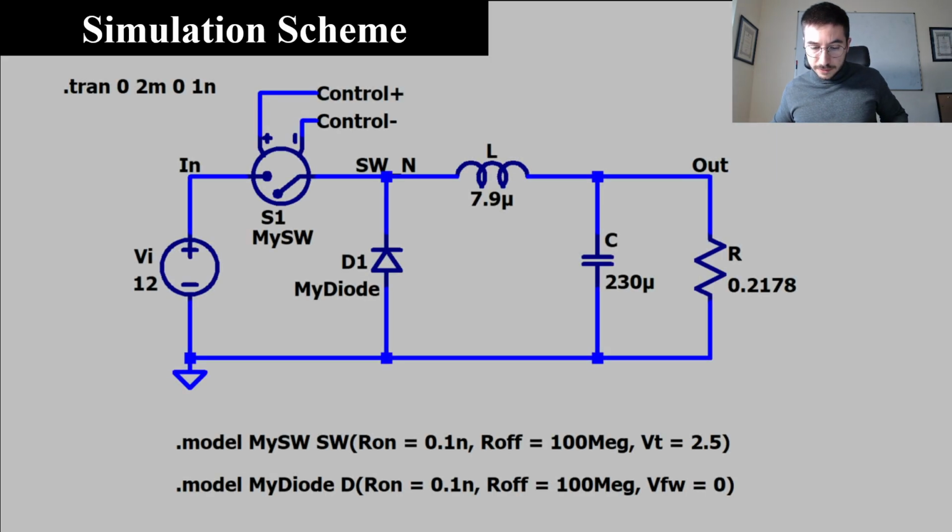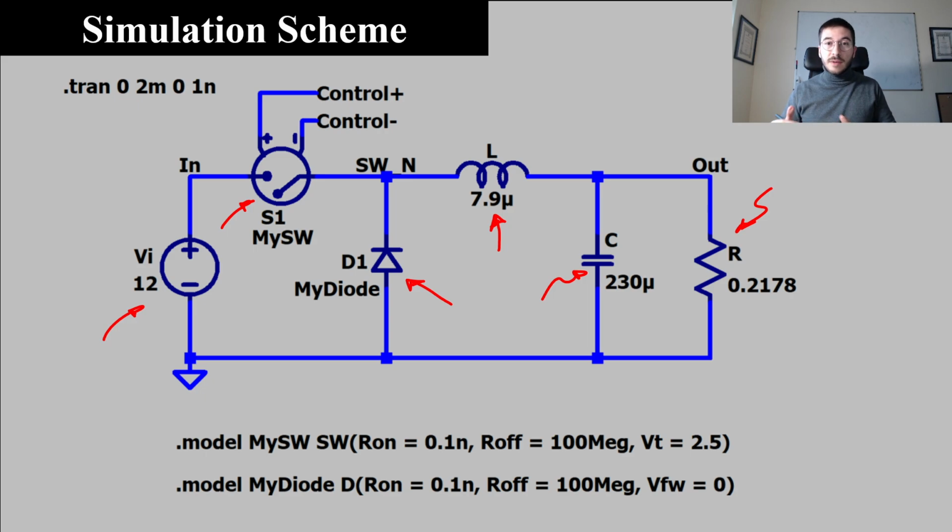So here we have the schematic that I have designed. Some comments. Here we have the input voltage, here we have the main switch, here we have the diode, the inductance, which is ideal, the capacitor, which is ideal, and as the load we have a resistance to model the load.